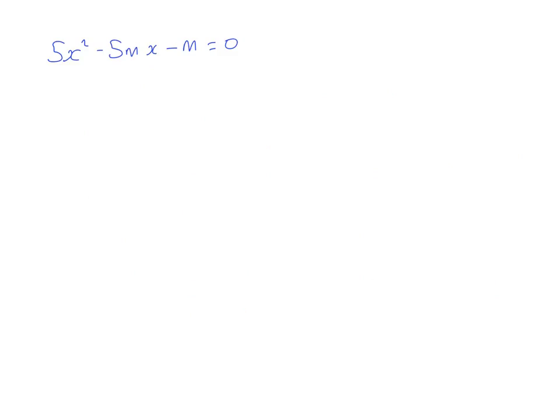Rightio, so what we've got is this equation here, and it's going to look different because it's got some m's in it. So what we've got to do is find out what our discriminant is. So our A is 5, our B is negative 5m, and our C is minus m. We just do exactly the same process. So now we put that into our discriminant, and we know that's b squared minus 4ac.